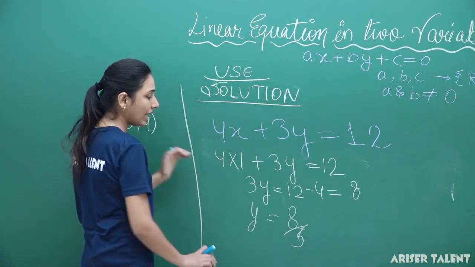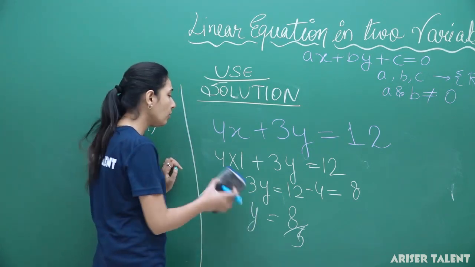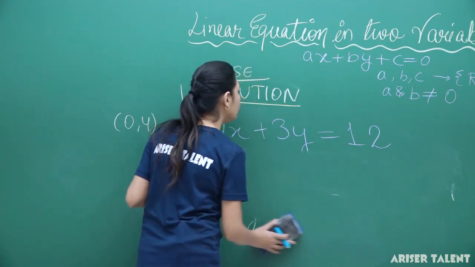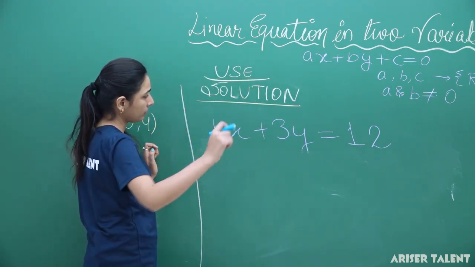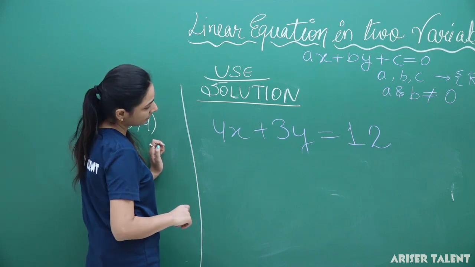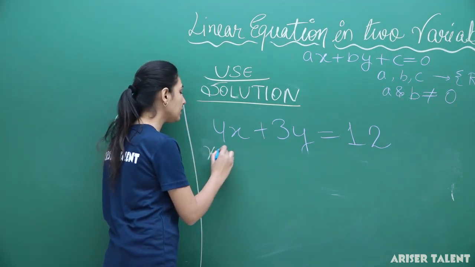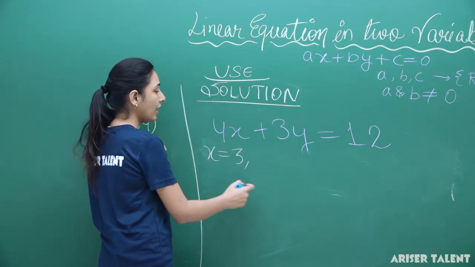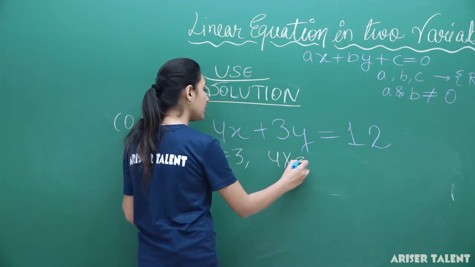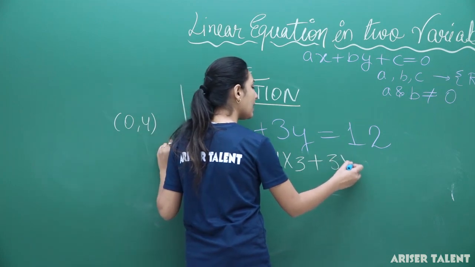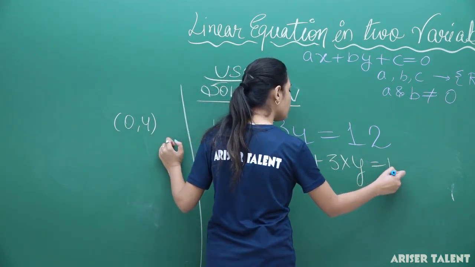Now, you have some value of x and some value of y. Now, let us suppose we put x equals 3. The equation is 4 multiplied by 3 plus 3 multiplied by y equals 12.